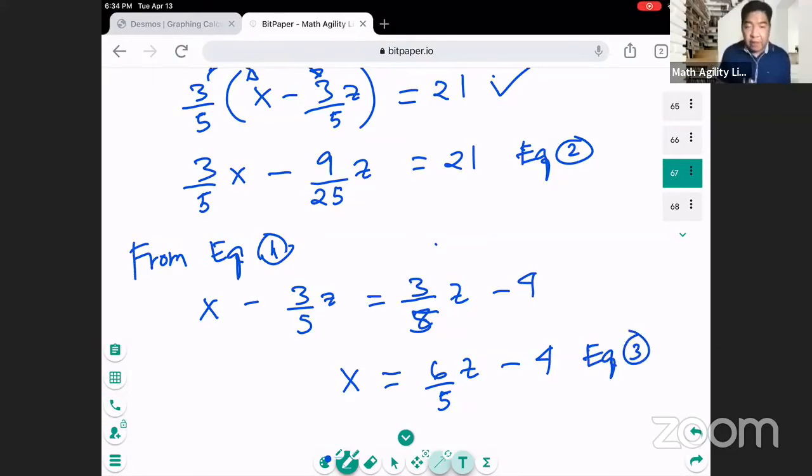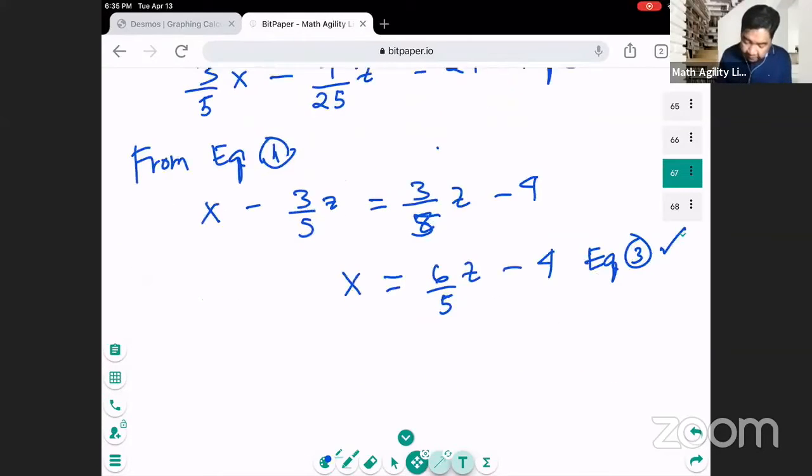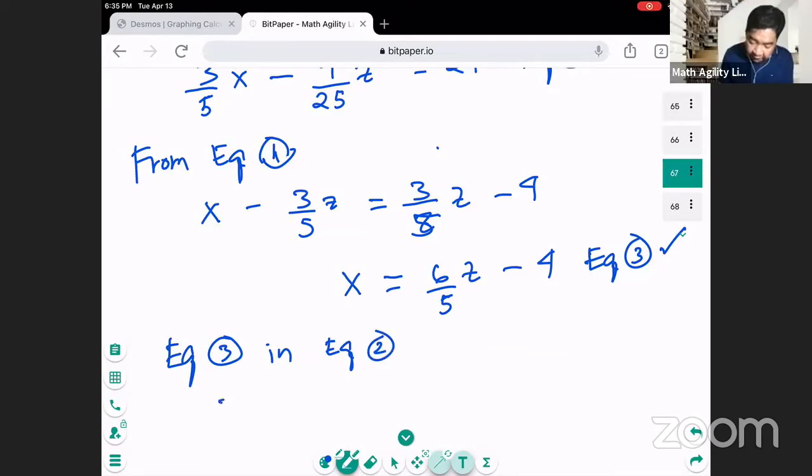Okay, so now we have three equations: equation 1, equation 2, and equation 3. So now we can actually eliminate x by substituting equation 3 into equation 2, right? So what is equation 2? It's 3/5 of x, and this is now our x.